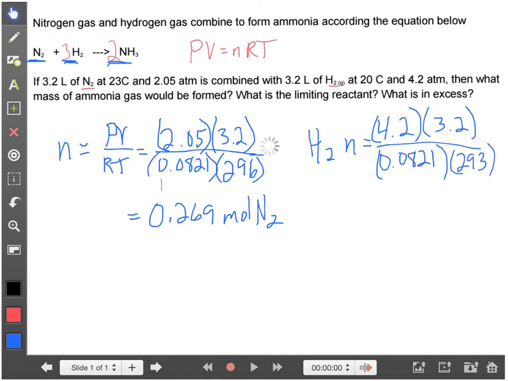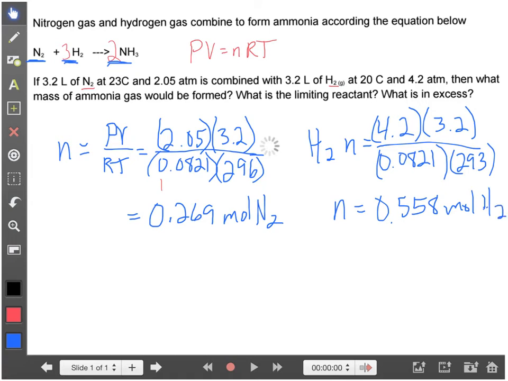And I will solve. And what I get for moles of H2 is 0.558 moles of H2.